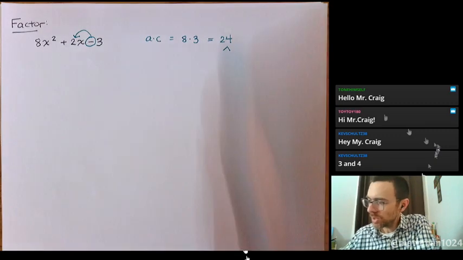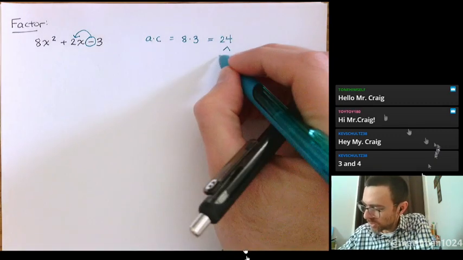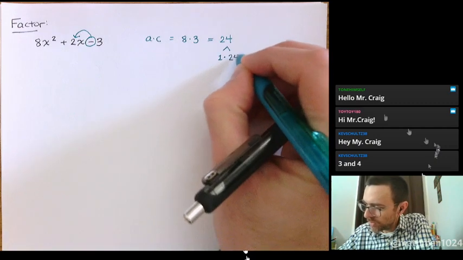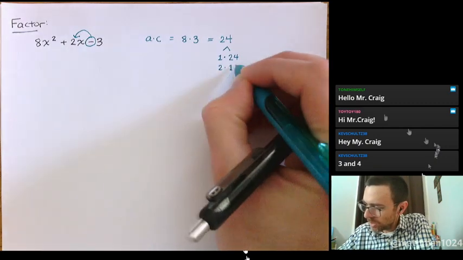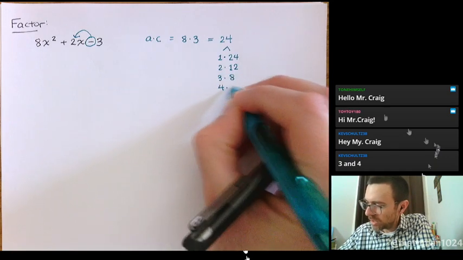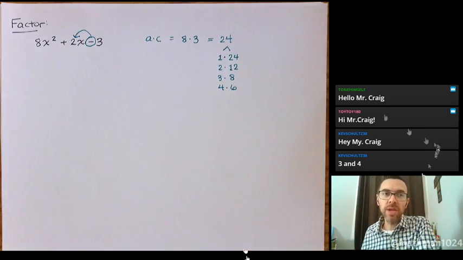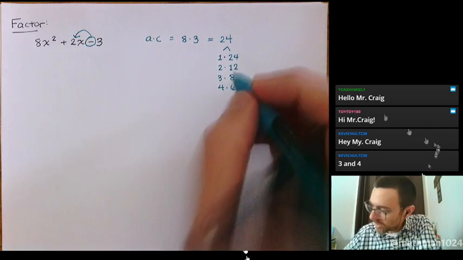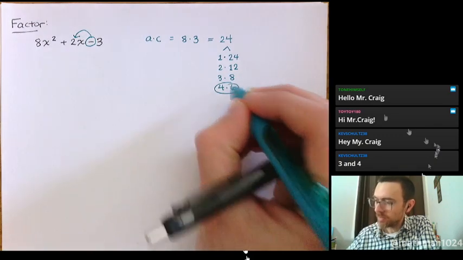And so if you're not sure, think about all the different ways that 24 factors. You've got 1 and 24, 2 and 12, 3 and 8, and 4 and 6. Okay? And so we want to find those numbers who have a difference of 2. And that's this guy right here, the 4 and the 6.